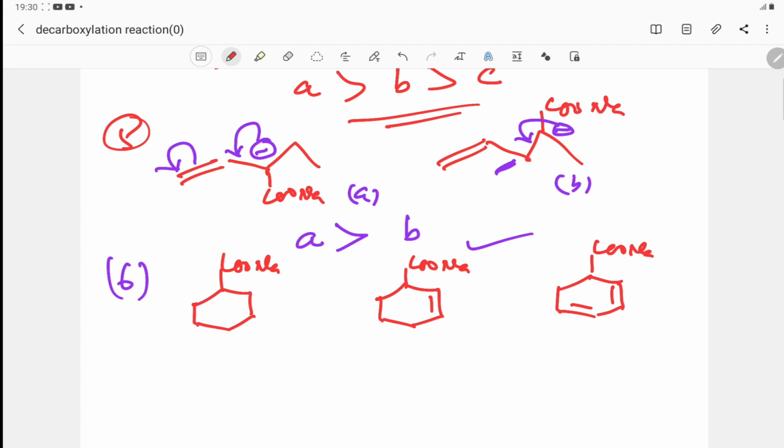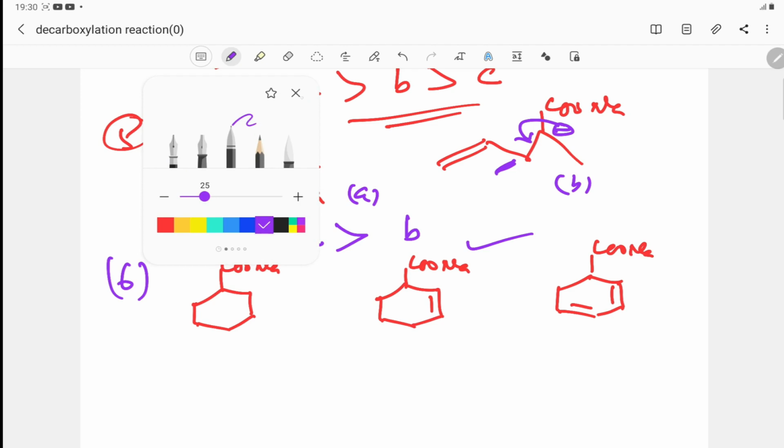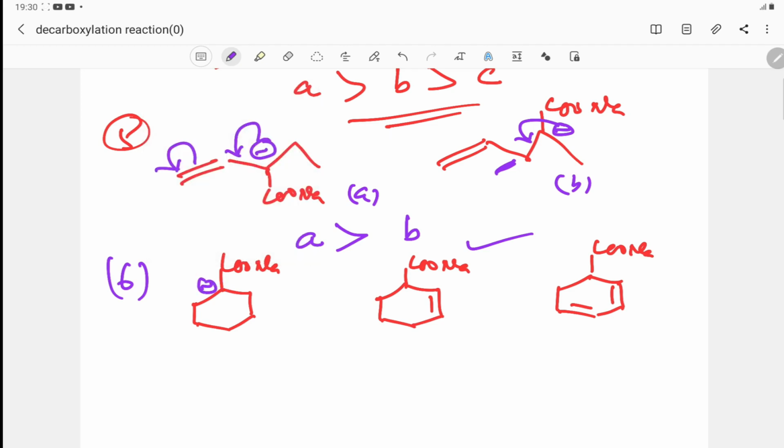If you see the stability here, this is your carbanion produced at this point after decarboxylation. Here delocalization is not possible. Here delocalization is possible by resonance. Here also delocalization is faster because a benzene-like structure will form after delocalization. So this is A, this is B, this is C.